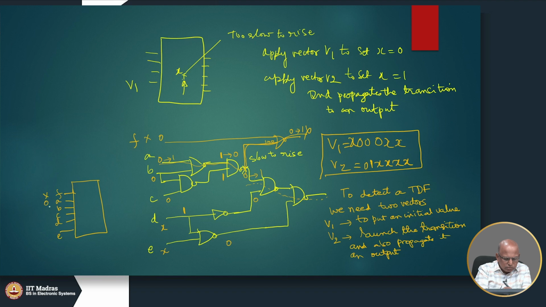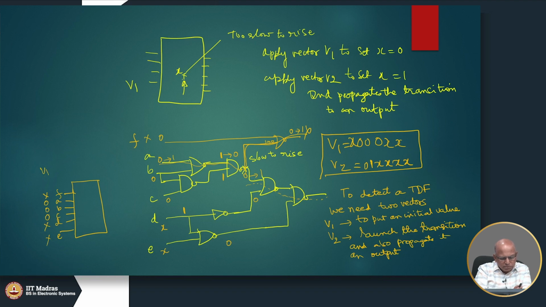These are called care bits. X means don't care bits; 0 and 1 are care bits. So F equal to X, A and B are both 0, C is also 0, and the other two are also X's. This is V1.